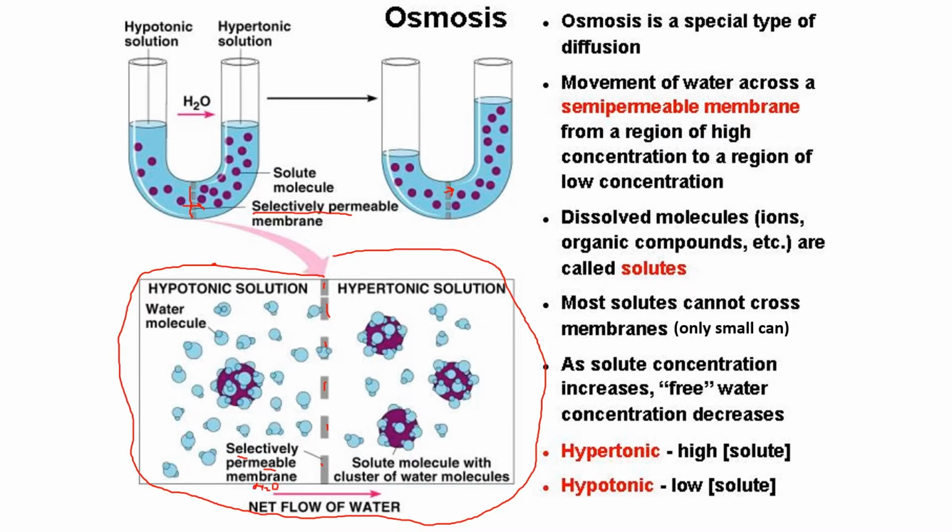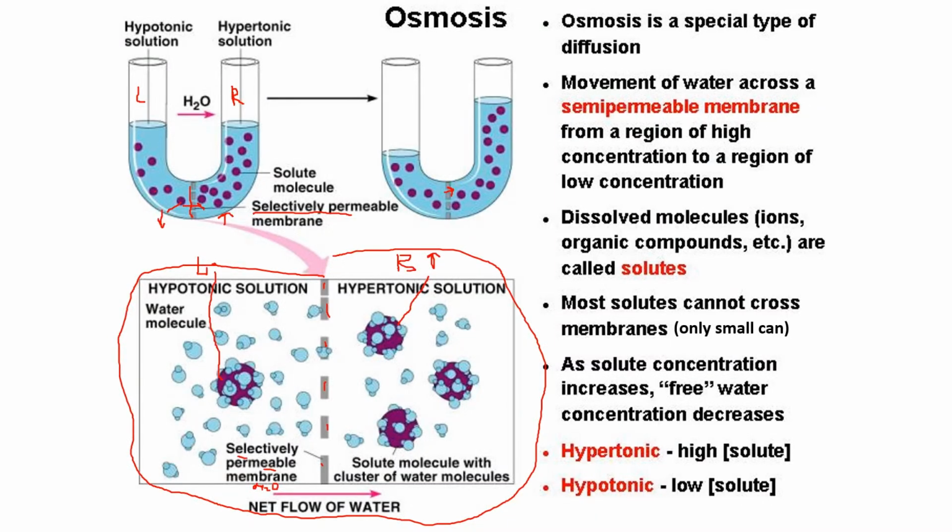And on this side, we have left and right. On the left, we have a low concentration of this solute, these sugar molecules, low concentration. On the right, we have high concentration, high concentration of this red and low concentration of this red.